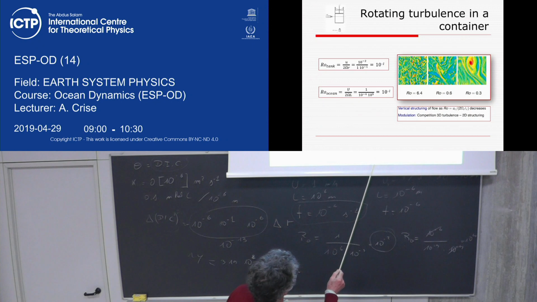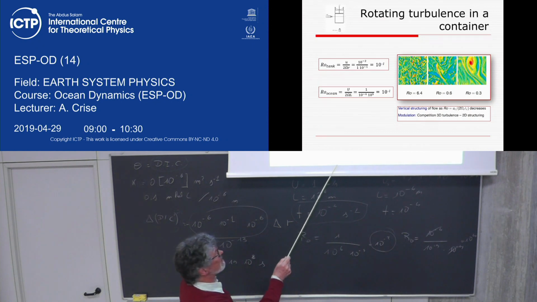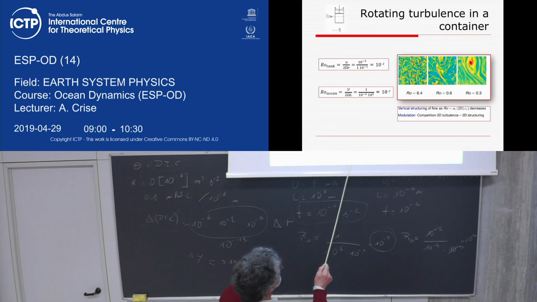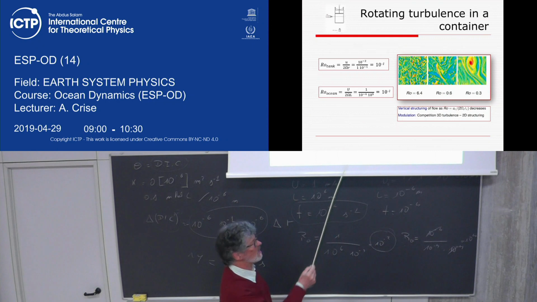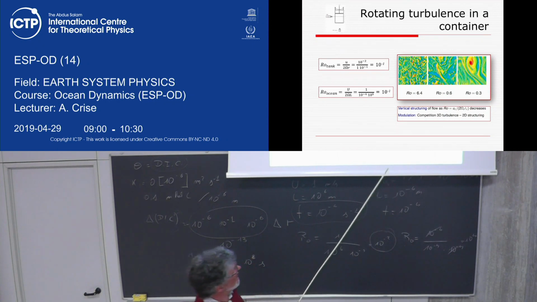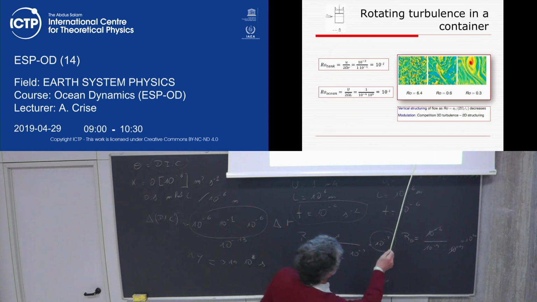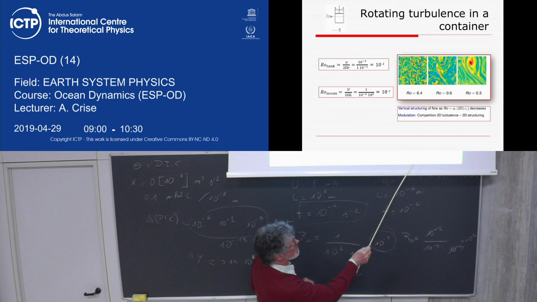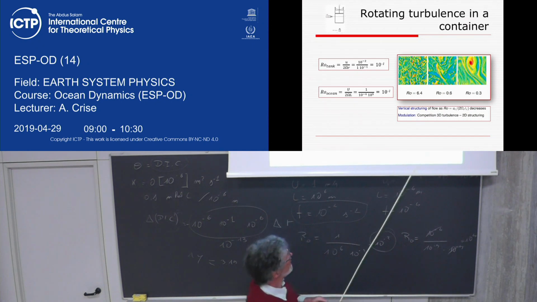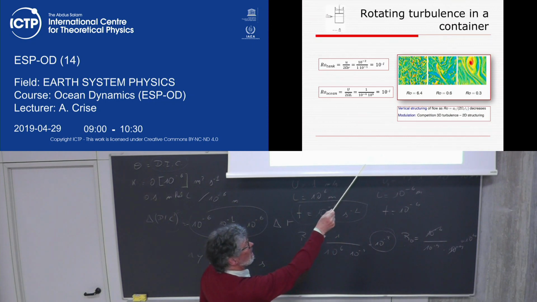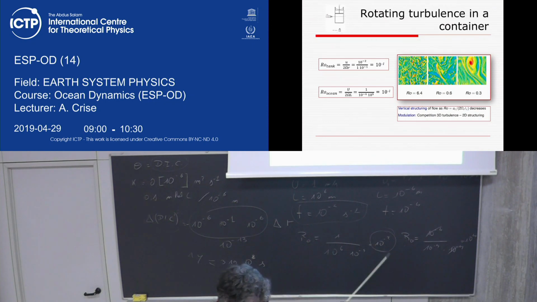When rotation is small, you see that the pattern is homogeneously distributed, and there are no specific large-scale structures emerging. On the other hand, when you have high rotation and the Rossby number is small, large coherent structures appear.